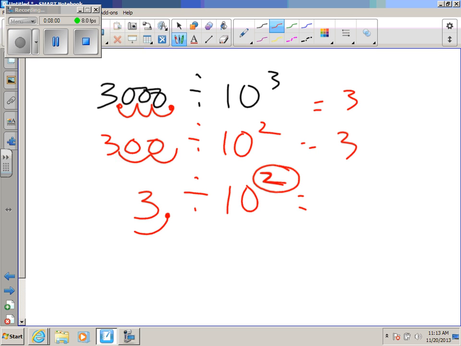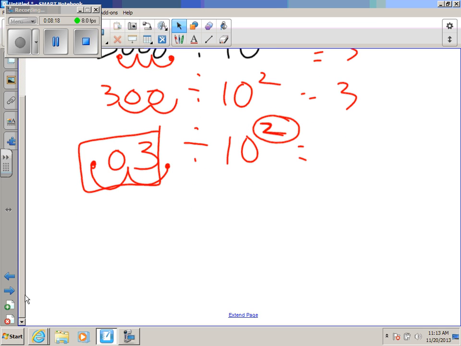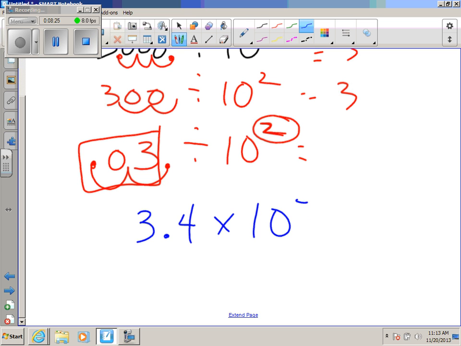So, 1, 2 means I have to put what there? A 0. There you go. Okay. So what you were trying to say, I think, was this. So in some cases, you'll need to add a 0. Just like if we had a situation like this, Maya, we said, let's do 3.4 times 10 to the 4th.